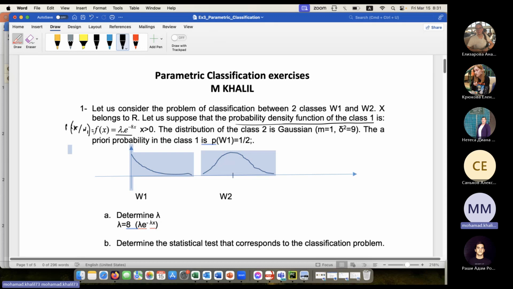And the distribution of the class 2 is Gaussian, mean equal 1, variance sigma squared equal 9. What does this mean?